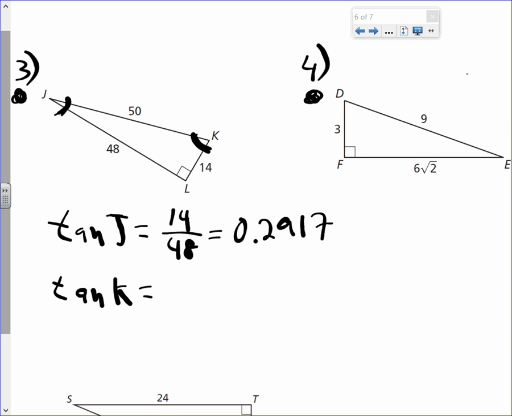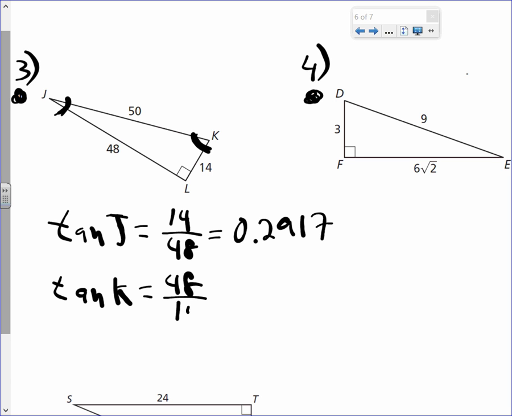The side opposite. 48. Medina, what side would be adjacent to K that's touching it, but that's not the hypotenuse? So when we talk about sides, it's either going to be 48, 50, or 14. There's 3 sides, right? So it'll be 14.